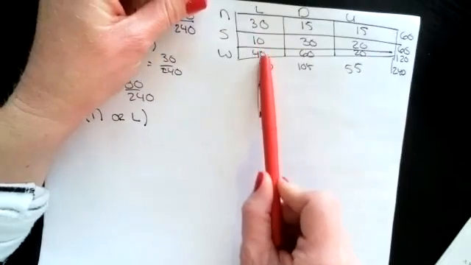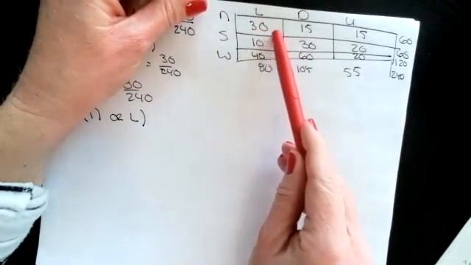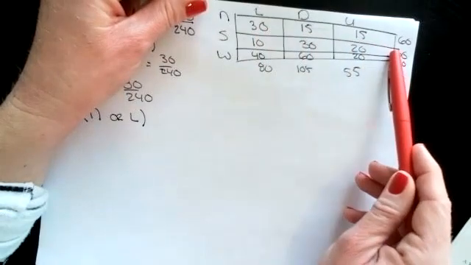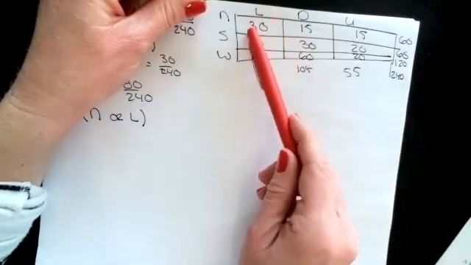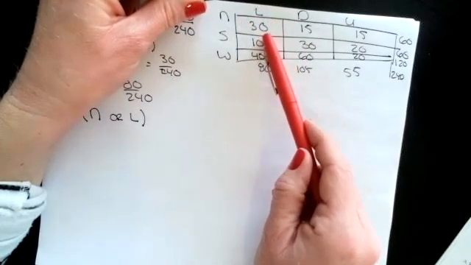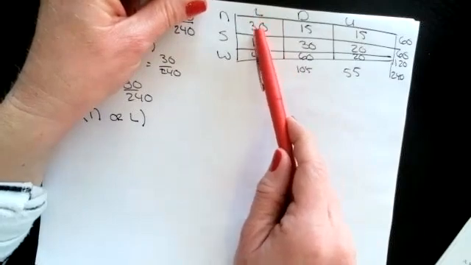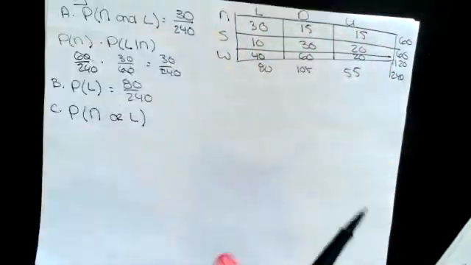I'm going to add this entire column, not including the total, of course, and this entire row, not including the total. But I only add this box once. I don't want to double count those 30 people, right? If I've already counted them in the likes, then I don't want to count them again in the Northeast. I hope that makes sense.